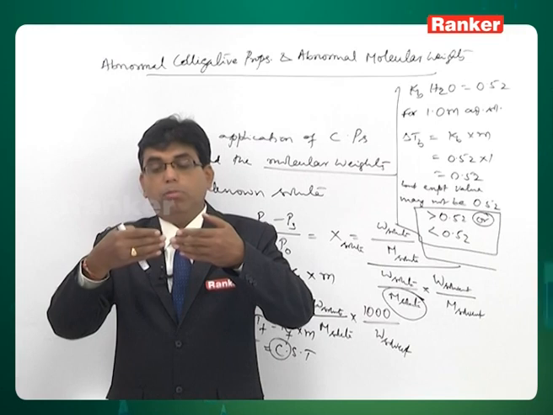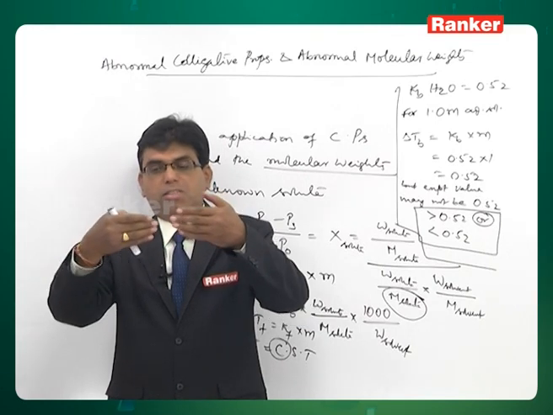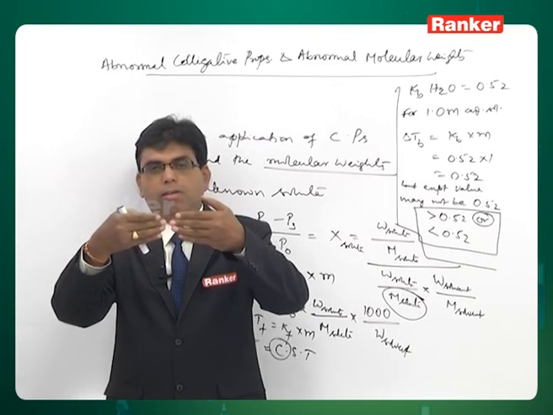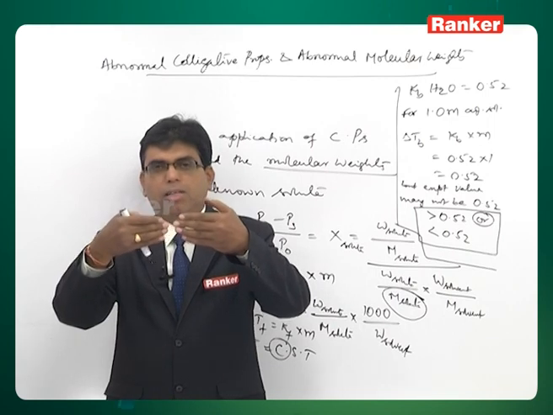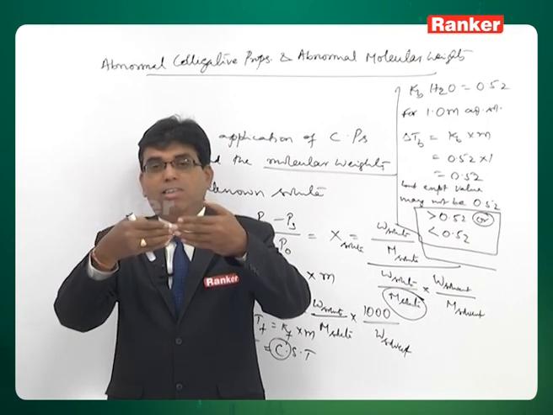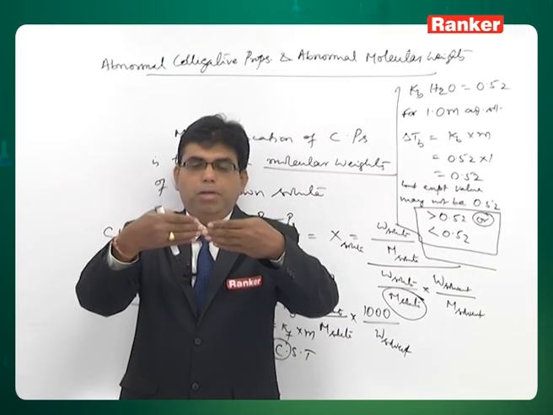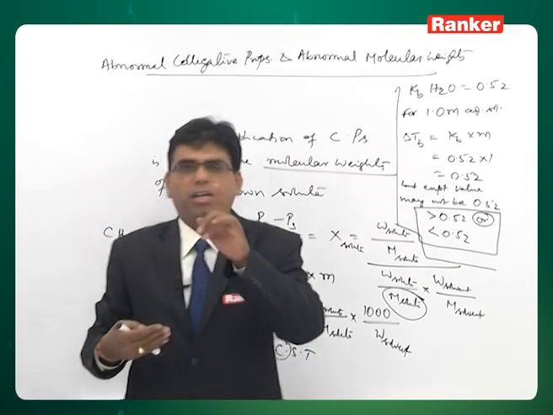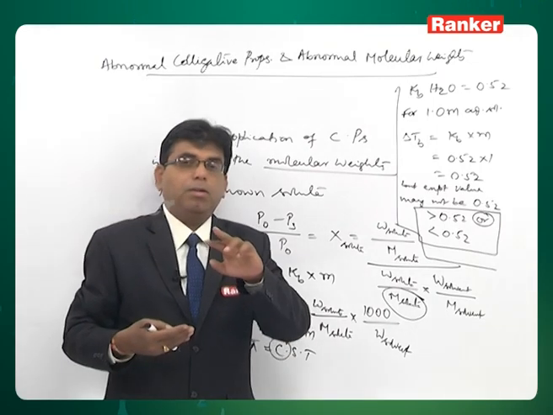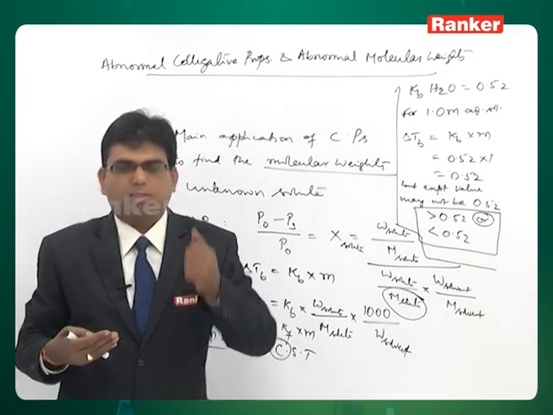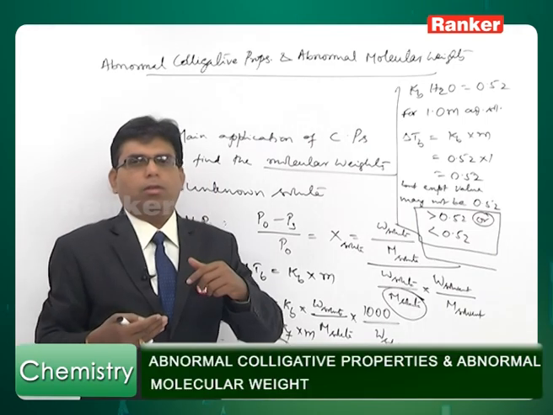That I will show now. A dimer is when 2 acetic acid molecules combine. That means, earlier what you were considering as 2 different molecules of acetic acid will now become one single molecule of a dimer. So, as a result, the molecular weight doubles, it becomes 120.